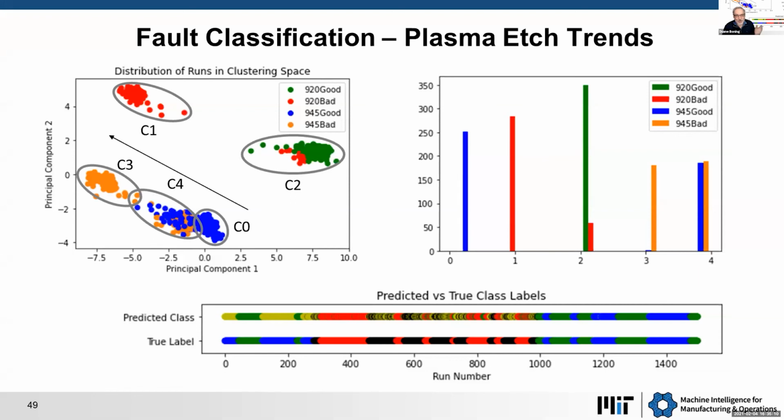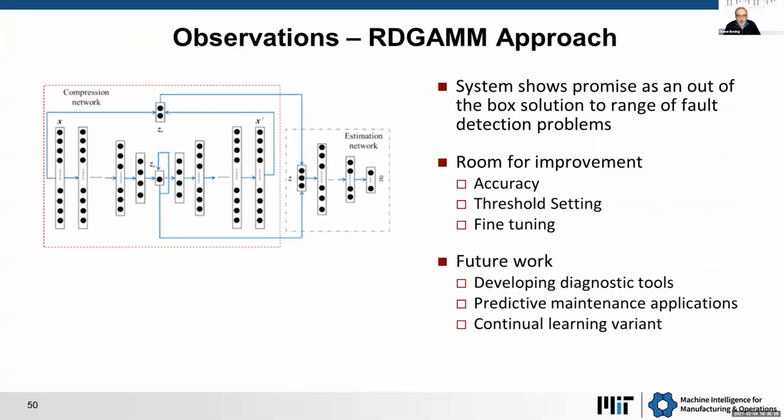In some cases, you start to see some bad points relatively early. So this combination of clustering and seeing over multiple historical times how you might be drifting from one cluster to another looks like another very interesting approach to combine with these time series. So overall, lots of promise.